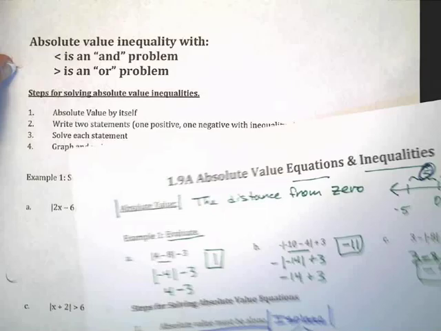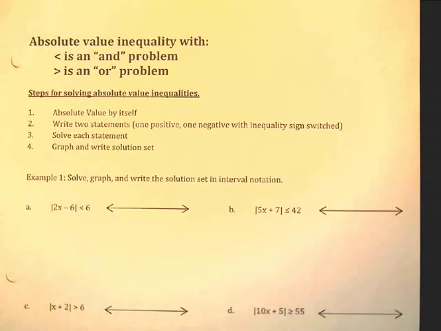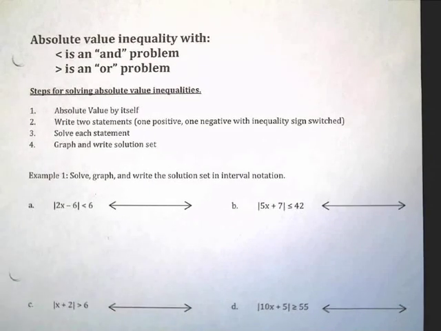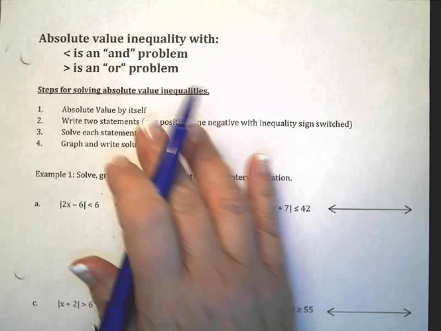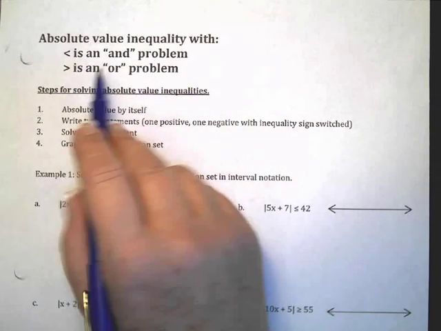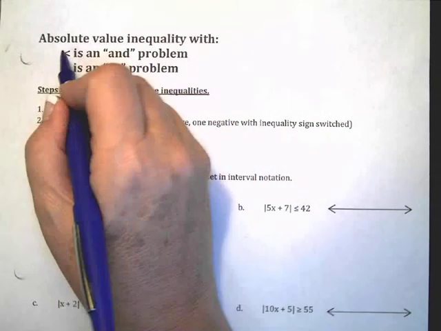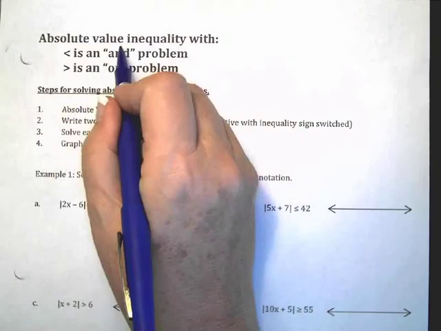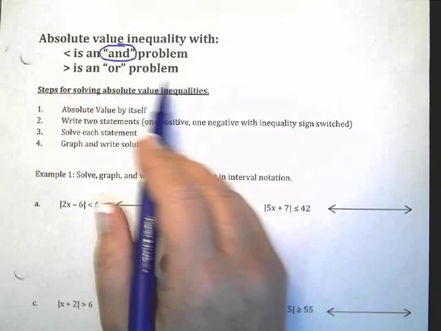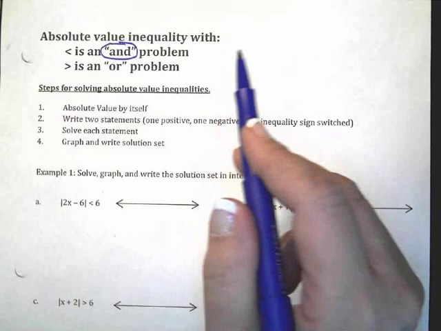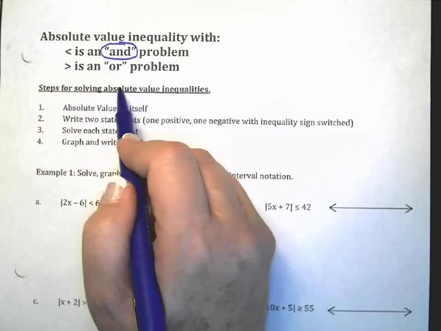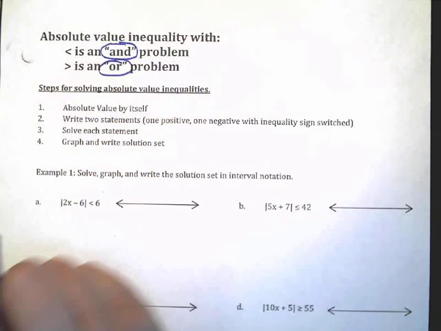All right, now that we've had some review of solving absolute value equations, let's move into solving some absolute value inequalities. So up at the top, the notes tell us that if we solve an absolute value inequality with a less than, it's going to be an and compound inequality. If we solve an absolute value with a greater than symbol, it will turn into an or problem.